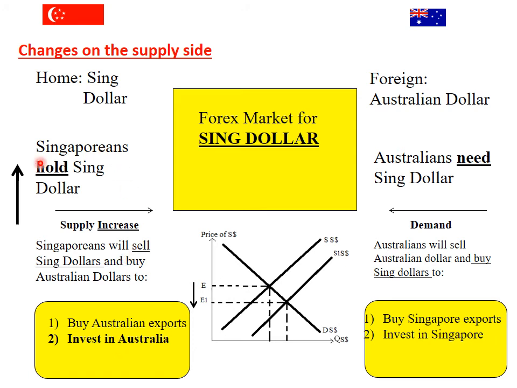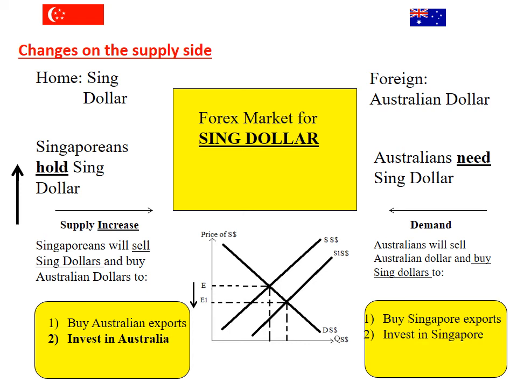So we will sell more of the Sing, take the Australian dollars, and go over to Australia to invest. In the analysis of the Sing dollar, we are selling more of the Sing, and this more selling activity will result in the value of the Sing dollar depreciating.